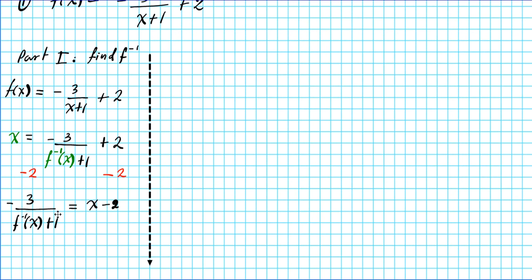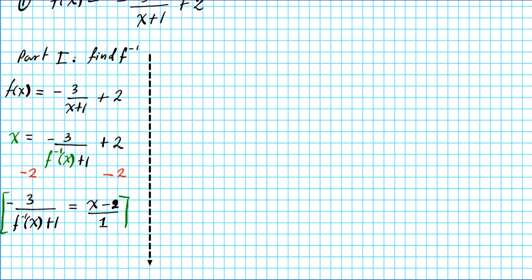Now we have the inverse function that we want to solve for in the denominator. So we want to try to get it in the numerator. To accomplish this, we'll express both sides of our equation as a fraction, and what we're going to do next is reciprocate both sides of our equation.